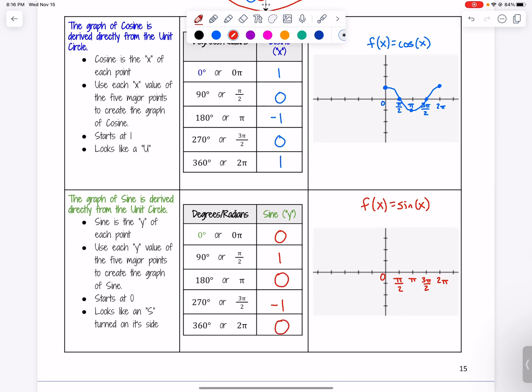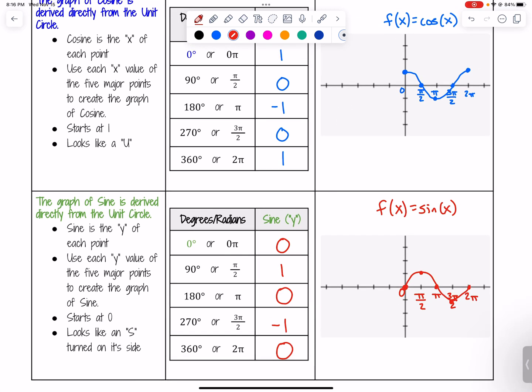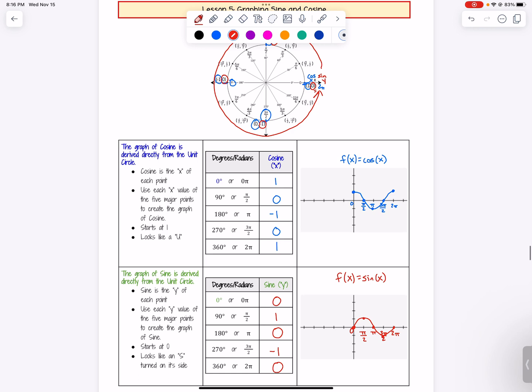So starting at 0, and then we go up to 1, back to 0, down to -1, and back to 0. So a sine graph looks kind of like an S that's turned sideways. So cosine is a U-shaped graph, and sine looks like an S shape. So those are our two main parent functions of cosine and sine.